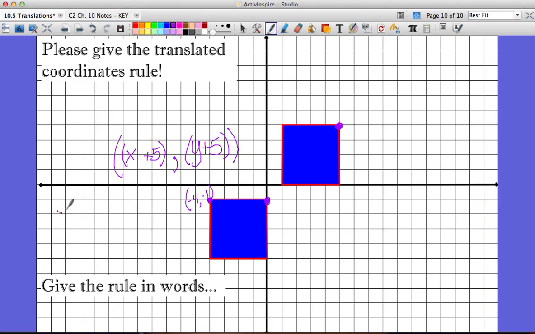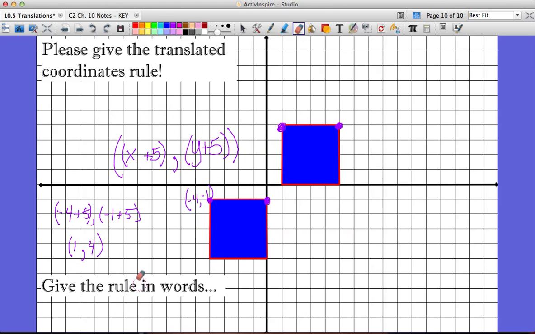So in this case, it would be -4 plus 5 and -1 plus 5. So my new x coordinate would be +1, and my new y coordinate would be +4. Let's take a look at that works. So here is its match up top. We move to the right 1 and up 4.